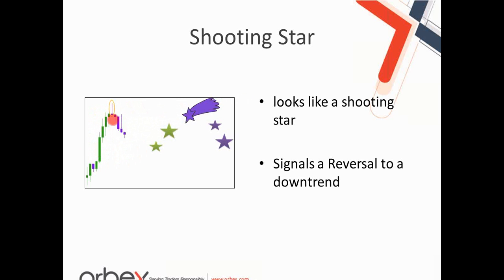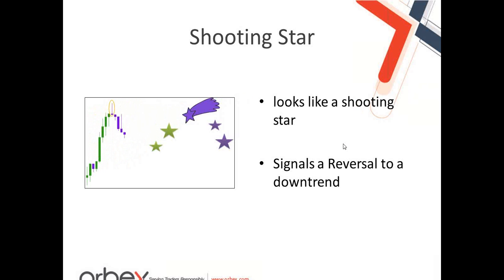It teases above it and tests all these prices with the shadow. But later, what happens? It actually closes below the opening price, right? And therefore, you can expect that the market sentiment is going to change, and we are going to expect a downtrend in the market. Okay?